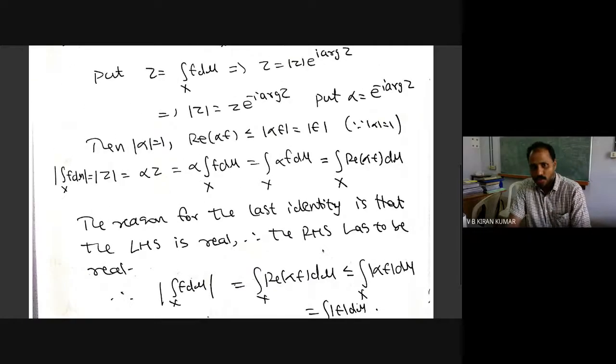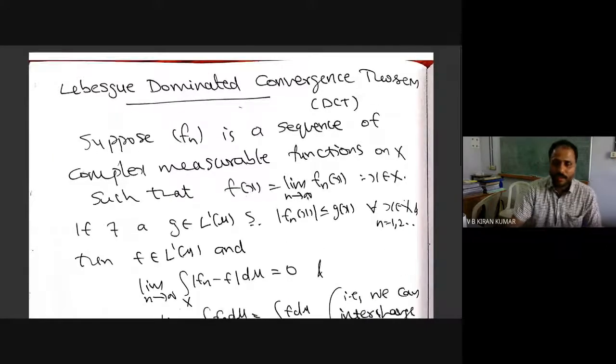Okay. So now we have all the tools ready to prove the well-known Lebesgue dominated convergence theorem. So what does it mean? You start from a sequence of complex measurable functions, and you consider that f_n converges to f pointwise.